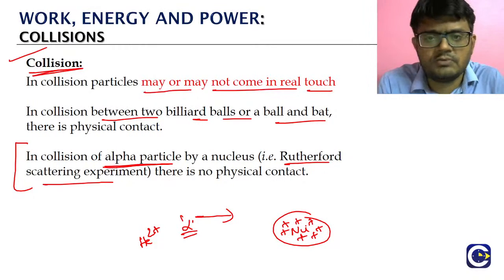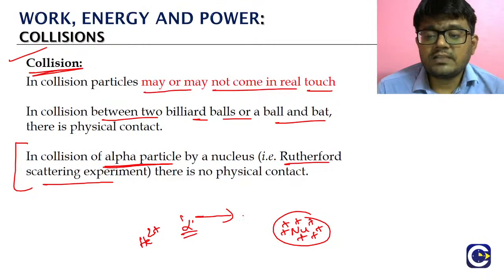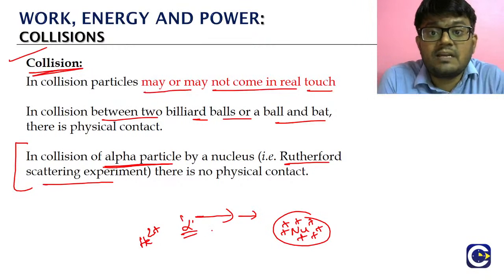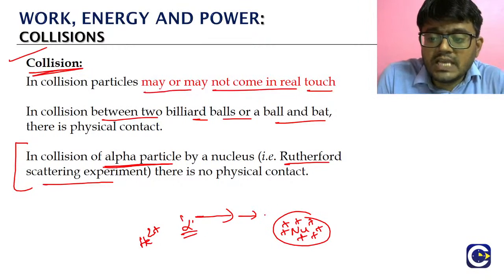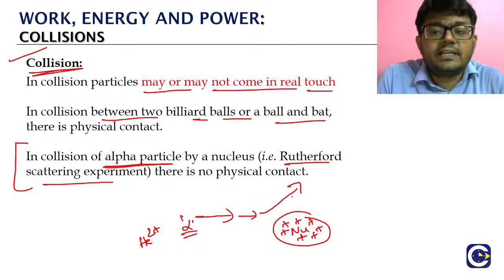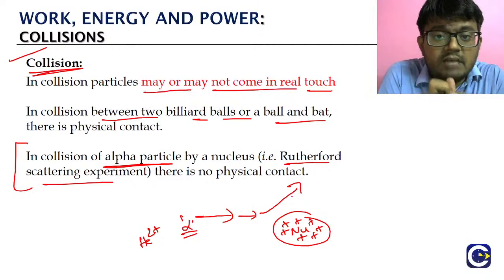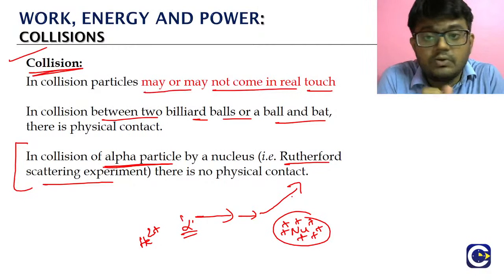Now, when the alpha particles approach the nucleus, both are positive, so they start repelling each other. The alpha particle gets deviated even before it establishes physical contact with the nucleus. There is no real physical contact.